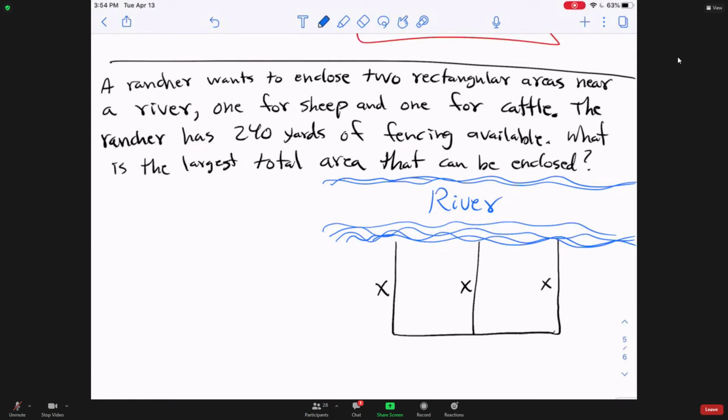All right, so you guys copy the question down? So just like word problems in general, the hardest part is coming up with the equation. So here's what you want to do.